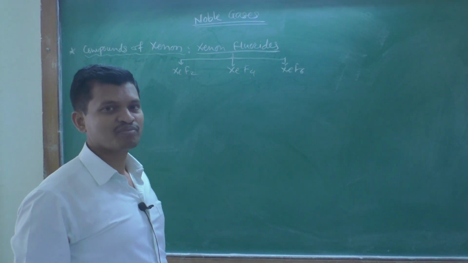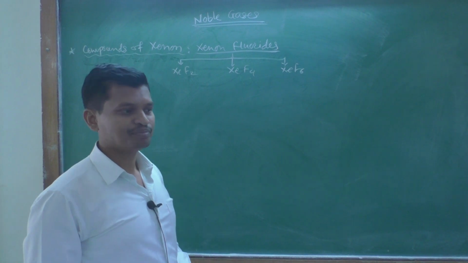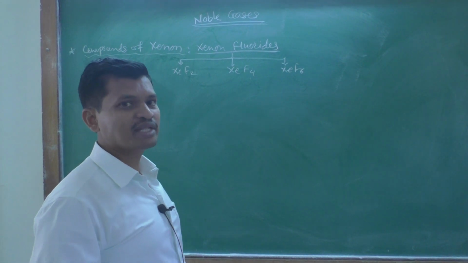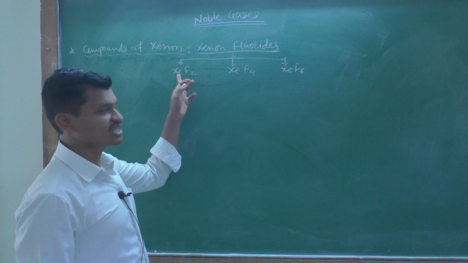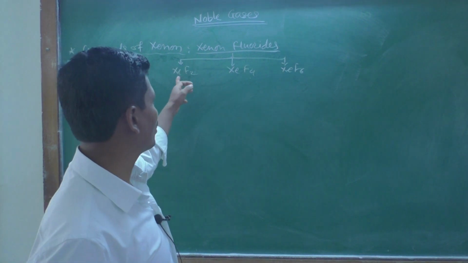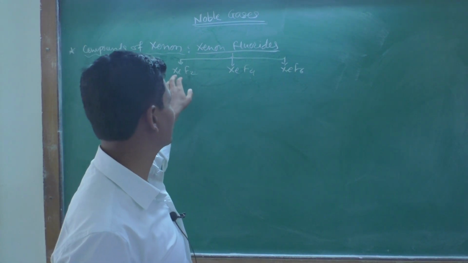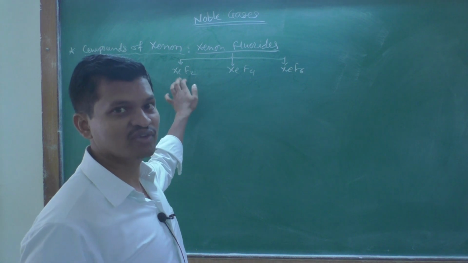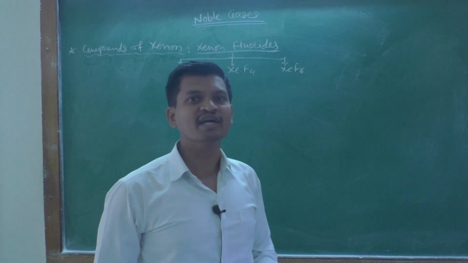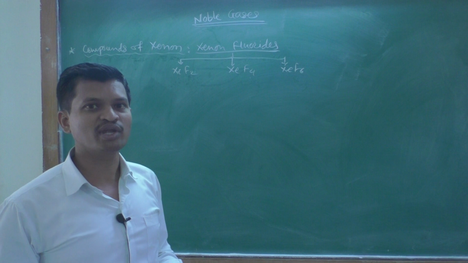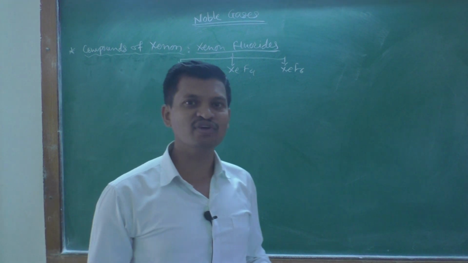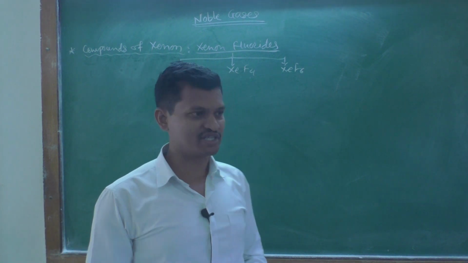Three types of xenon fluorides can be formed by the reaction of elemental xenon gas with fluorine gas in different proportions of xenon and fluorine at different conditions of temperature and pressure.